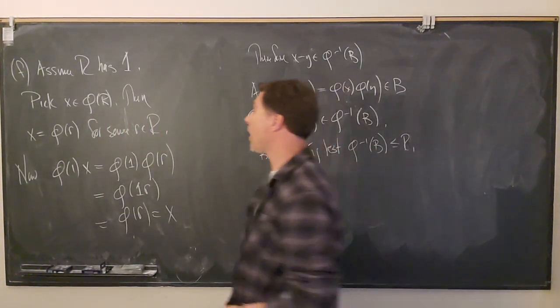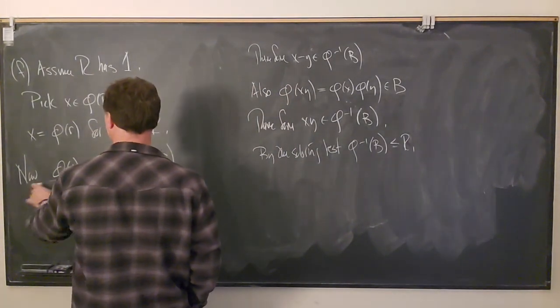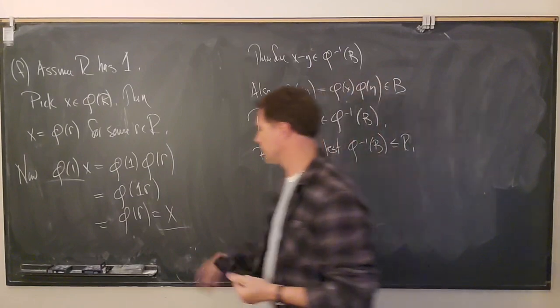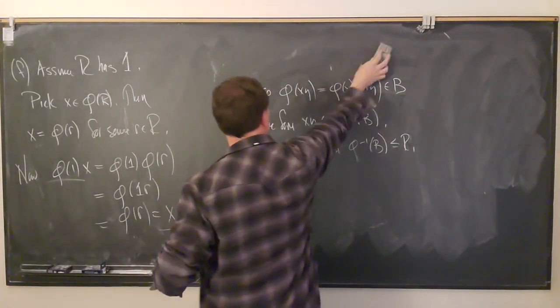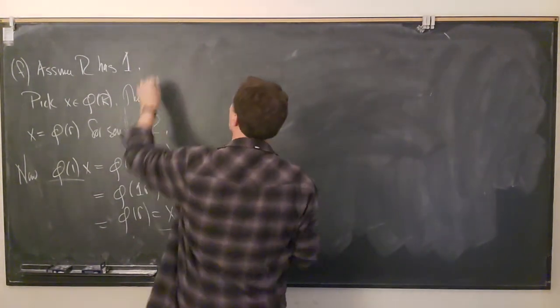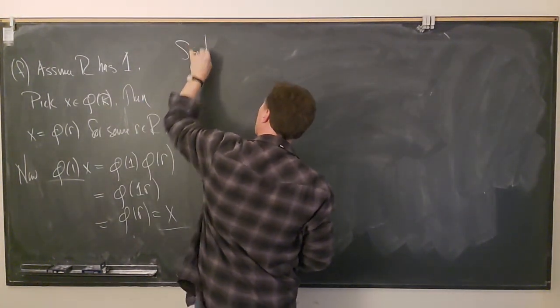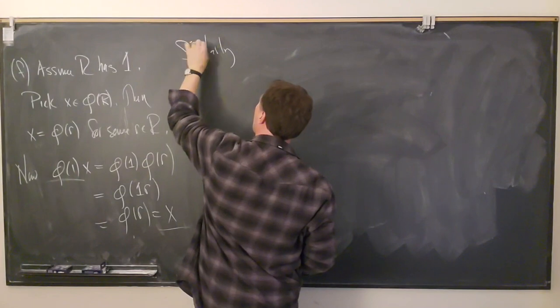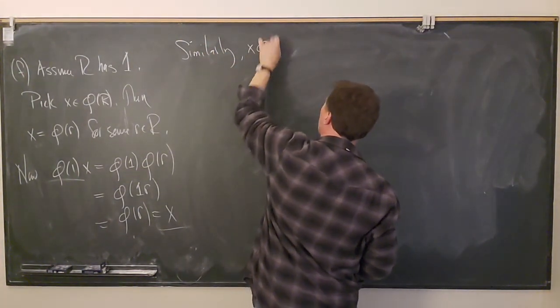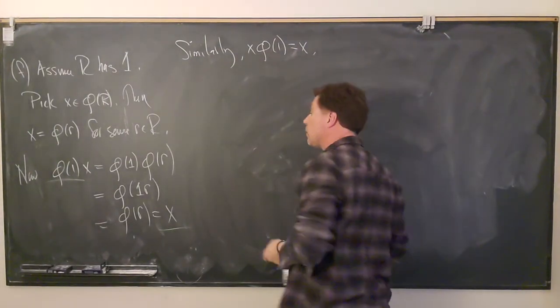In other words, when I multiply x on the left by phi of 1, I get x. Same thing, so similarly, x times phi of 1 equals x. That's what we need.